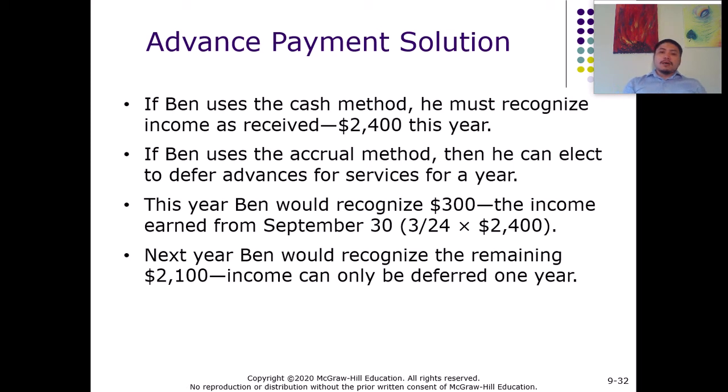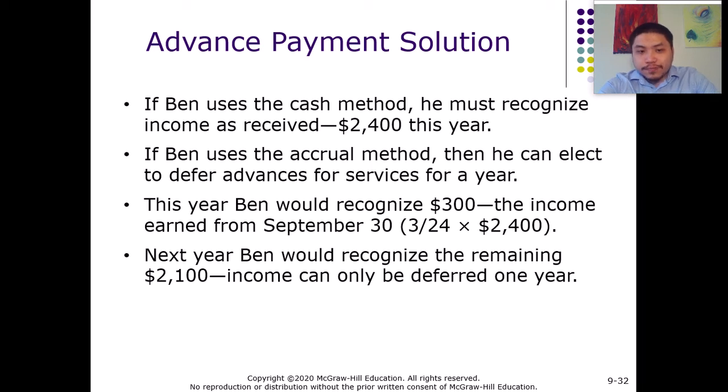So let's talk about the difference between financial accounting, or financial reporting purpose, and tax purpose here. Under financial reporting, Ben would not recognize the $2,100 all in next year. Under the financial reporting purpose, Ben has to recognize income as he earns the income.